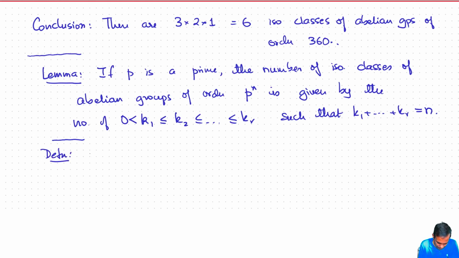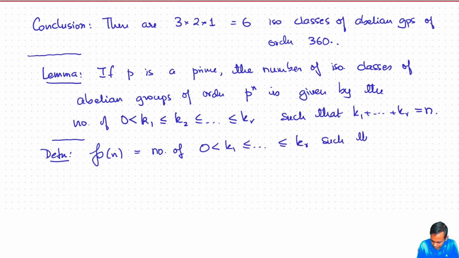So we'll make a definition. Let's say P(n) is called the number of sequences like this, 0 less than k1 less than or equal to and so on less than or equal to kr, such that k1 plus and so on plus kr is n.